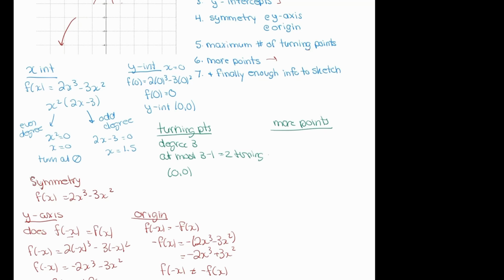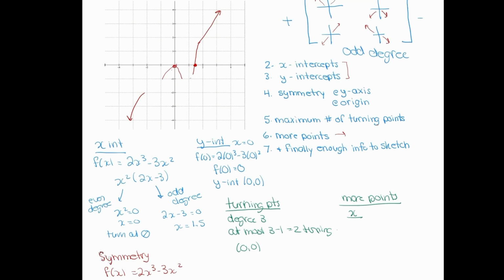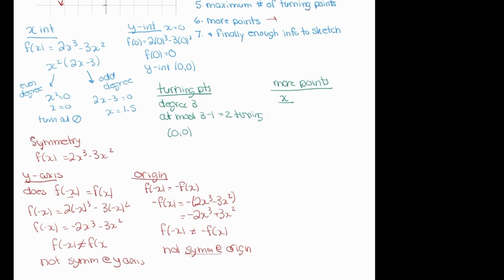To find more points, we're just going to take some x values that are between 0 and 1.5. And why 1.5? Because that's where I know I've got something going on here. This is what I need to figure out: is this a turning point? So I'm going to take an x value of 0.5, I'm going to use 1, and I'm going to use 1.25.